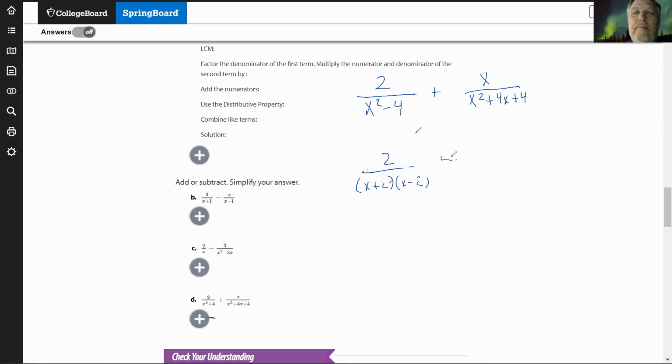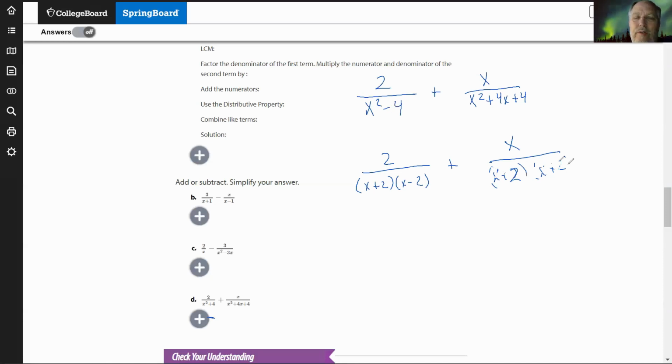And then this next one is going to be x over, and this is a perfect square trinomial. So, but I'm going to go ahead and write them out. So it's going to be x plus 2, x plus 2. In other words, x plus 2 squared. And so now what I need to do is I need them to look the same.